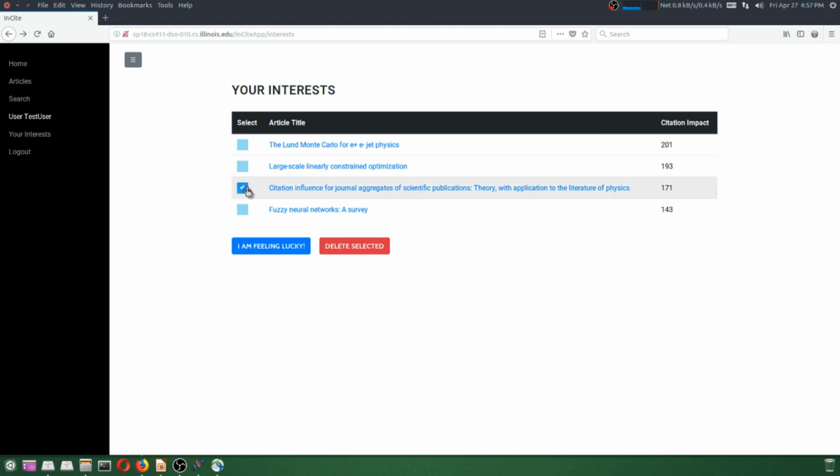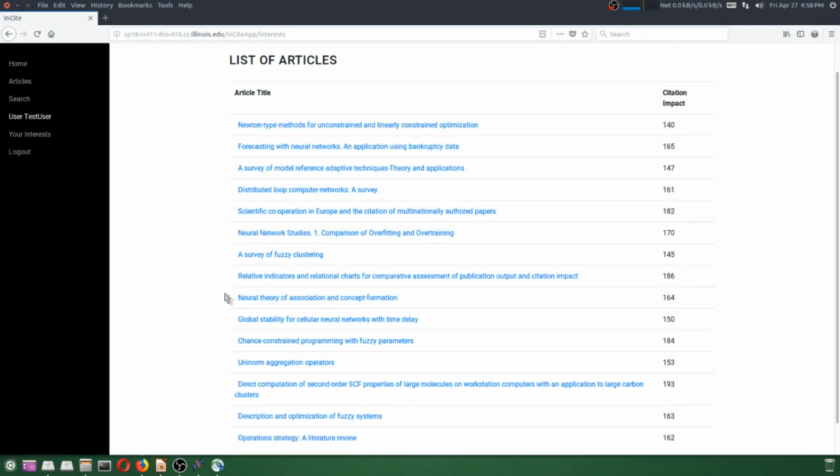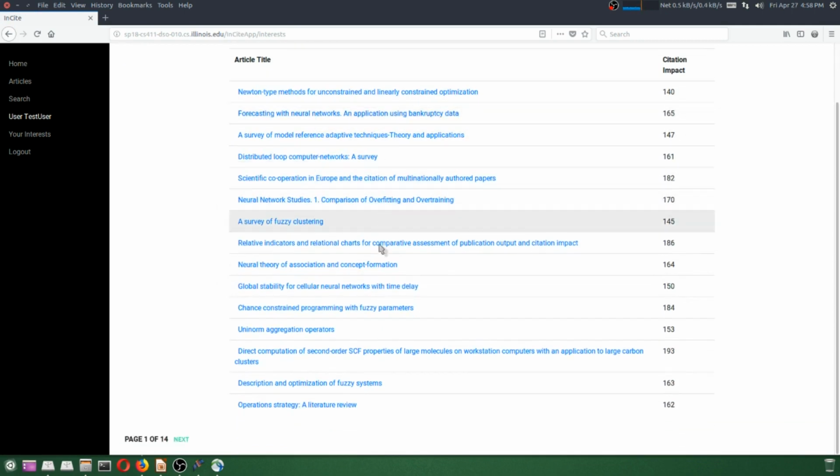And you don't have to select articles of a similar nature, right? You can also select fuzzy neural networks, right? And then you should push out things that are related to neural networks somewhere in the recommendation list. We talked about optimization because we selected neural networks, right?